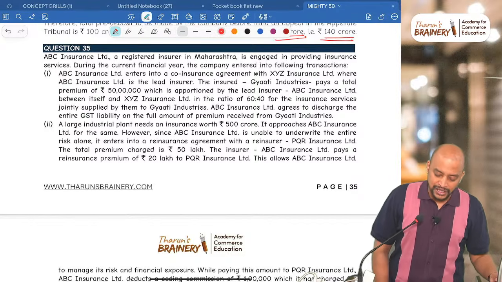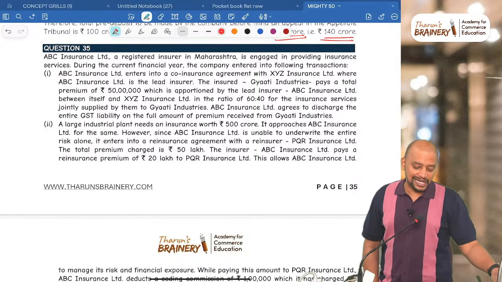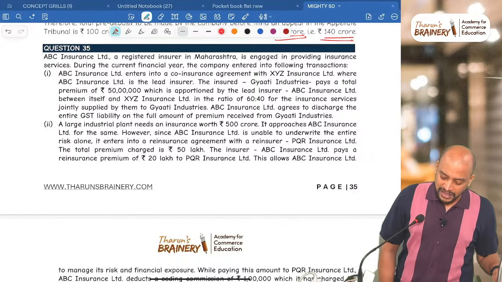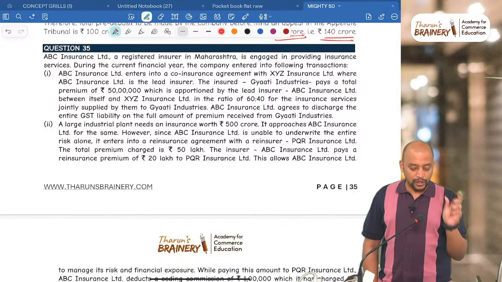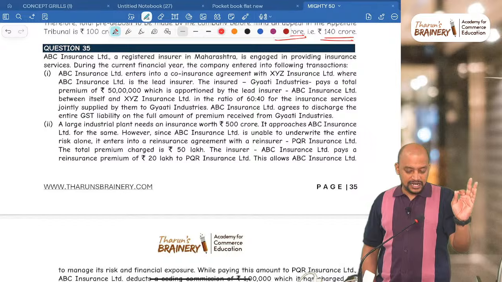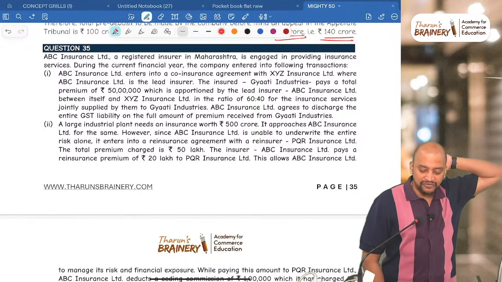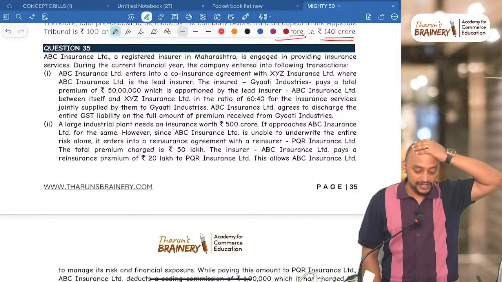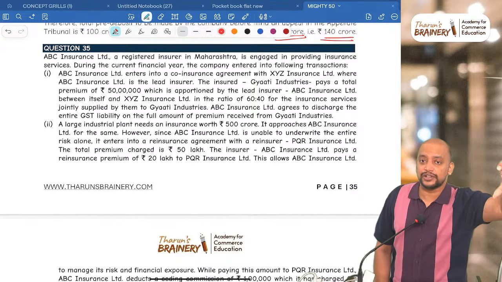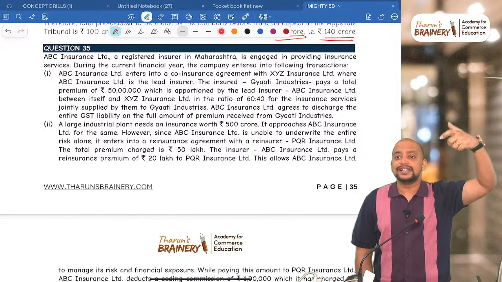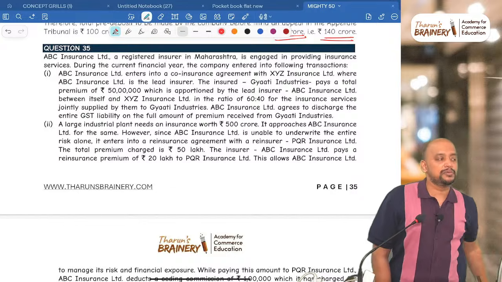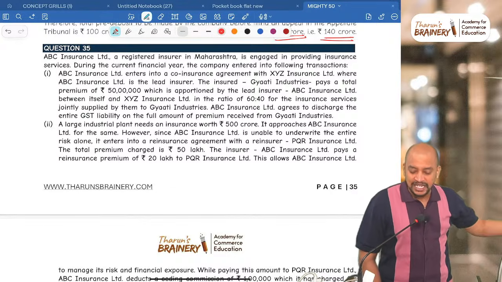And for the insurance service jointly supplied by them to Gyati Industries, ABC Insurance Limited agrees, this is the core point, to discharge the entire GST liability on the full amount of premium received from Gyati Industries, which means ABC Insurance is paying GST on the gross premium received as a lead insurer. So therefore GST payable by them will be 50 lakhs into 18%.